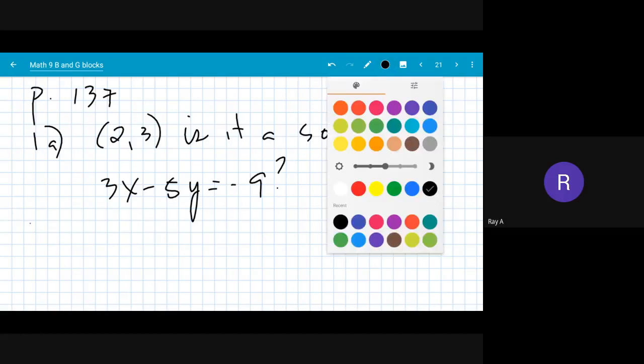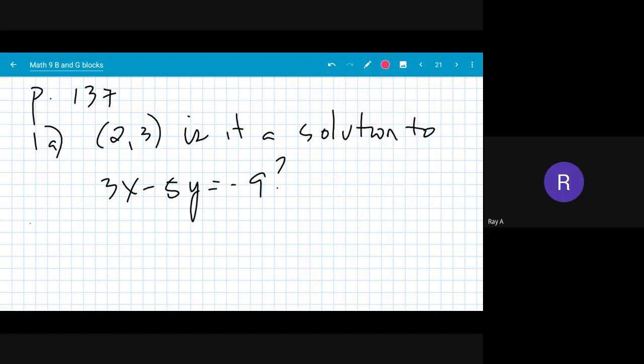I think we did this also in 4.2. If you recall, you're going to plug in the values for x and y, and then determine whether it is a true statement, meaning the left side of the equal sign will have the same value as the right side. So your ordered pair would be made up of your x and y values.